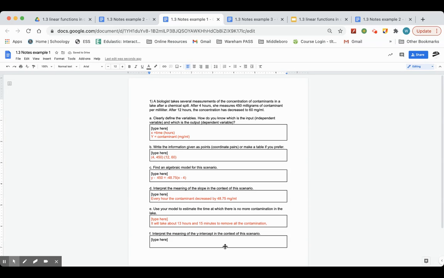So interpret the meaning of the y-intercept. The y-intercept is the amount of contamination when it first started.